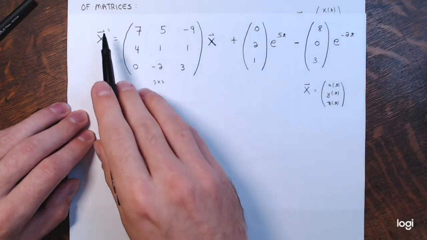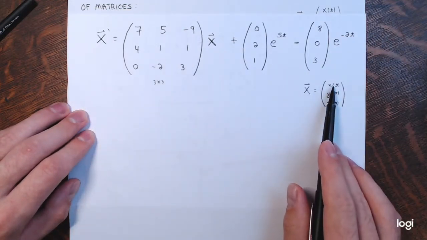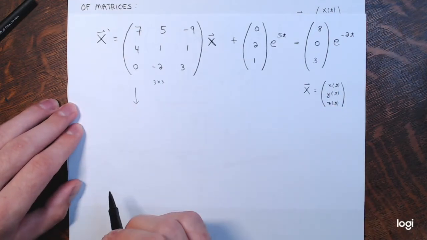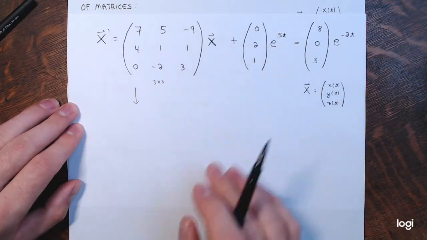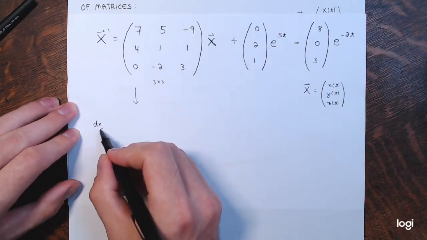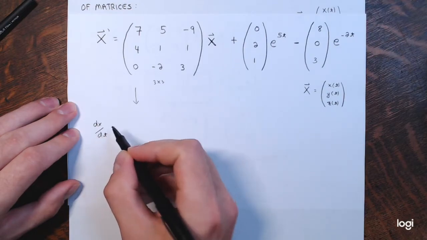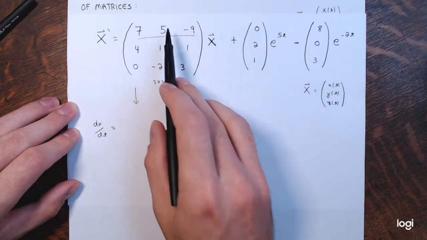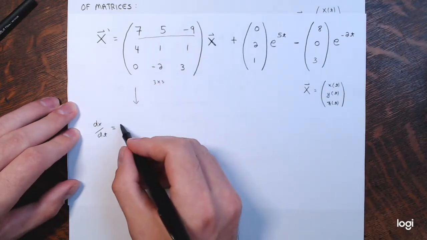So then x prime would have x prime, y prime, z prime. I'll just tell you right now, let's make this real easy. The first equation has dx dt equals, and the first row of this corresponds to 7x plus 5y minus 9z.